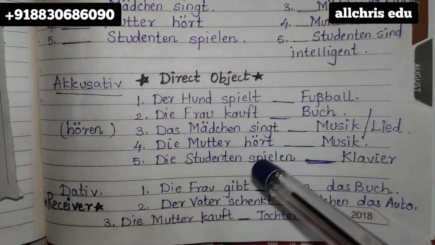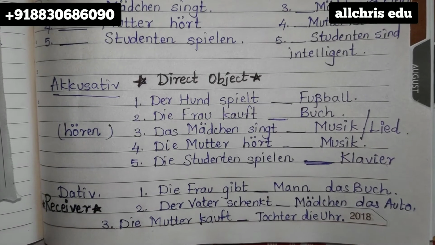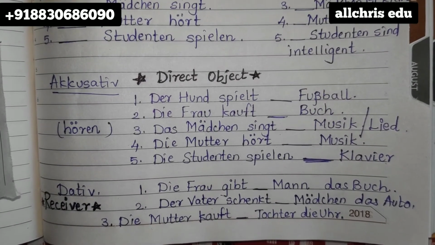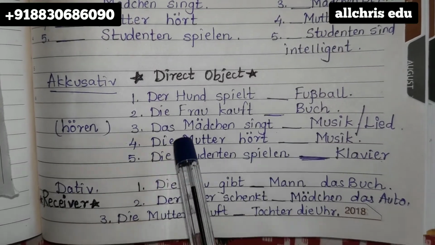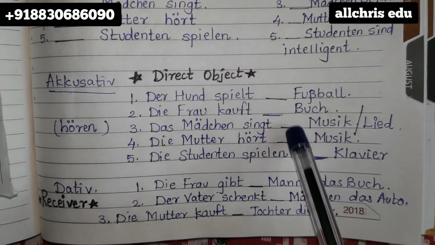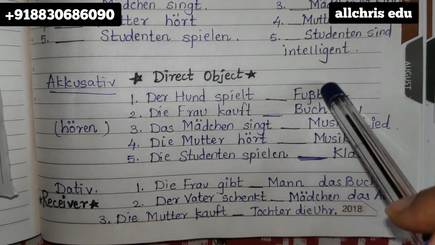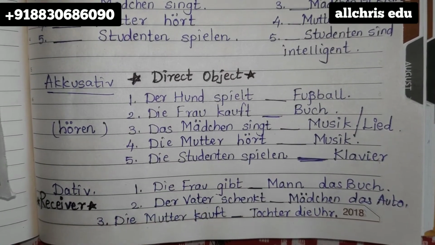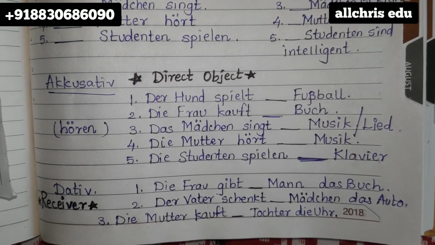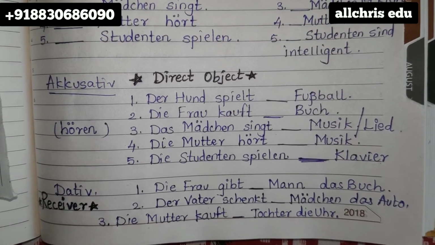Mother is hearing music. Music cannot hear mother, students. So music is not a doer. Mother is a doer. We already wrote the article according to nominative, but we are concerned with these blanks, and these nouns are accusative nouns. Why? Because we are doing action on them. Football. We are doing action on football.